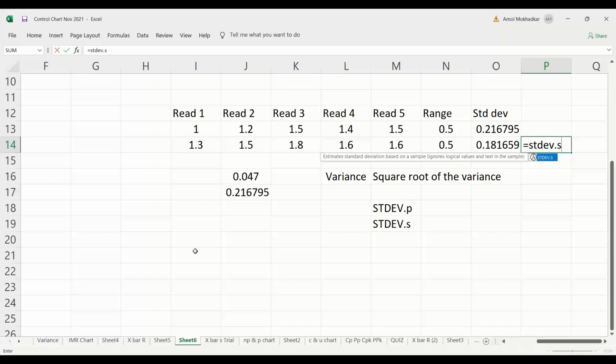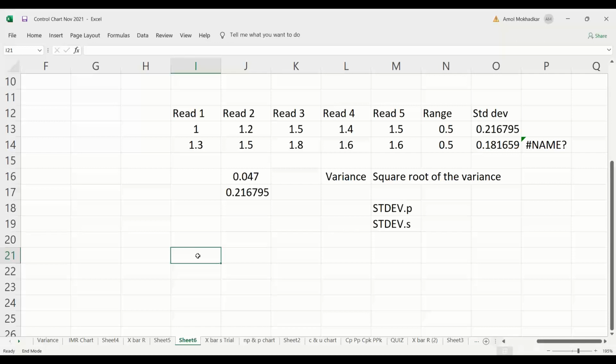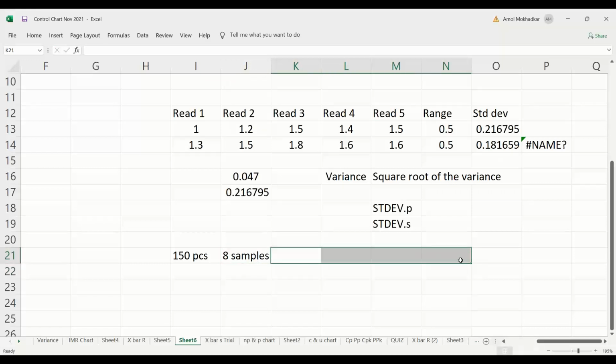Or if you have manufactured, say, 150 pieces, and out of them you have taken 8 samples, and you have plotted these 8 data in that particular subgroup, can you say that this is the data from the entire population? These 8 samples are not from the entire population. They are representative of these 150 pieces.